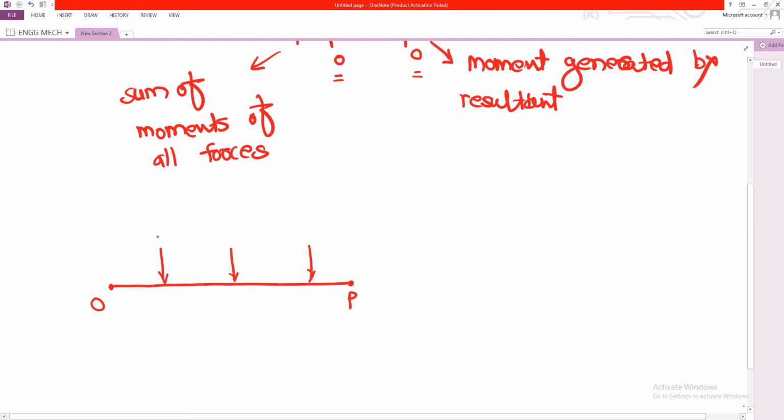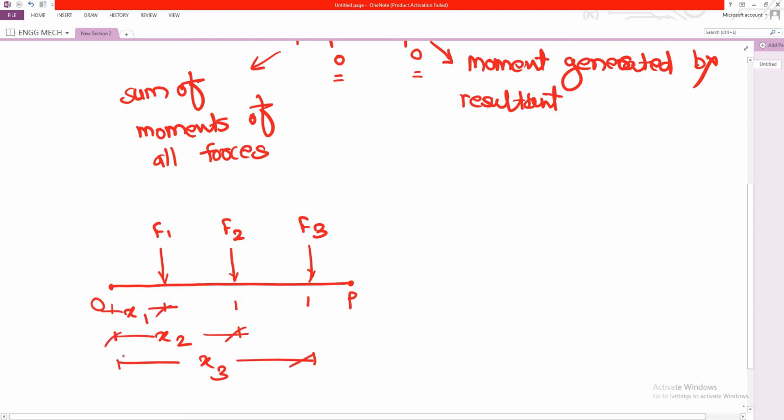Let's name the forces F1, F2 and F3. With respect to point O, the distances are something like this. Let's say the distance between point O and F1 is x1, the distance between F2 and O is x2, and between F3 and O the distance is x3. Let's mark the distances like this over here.